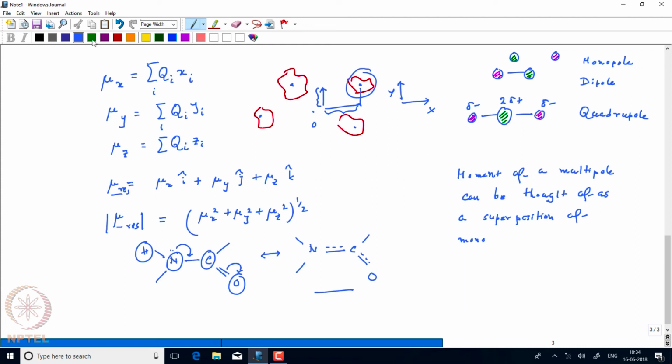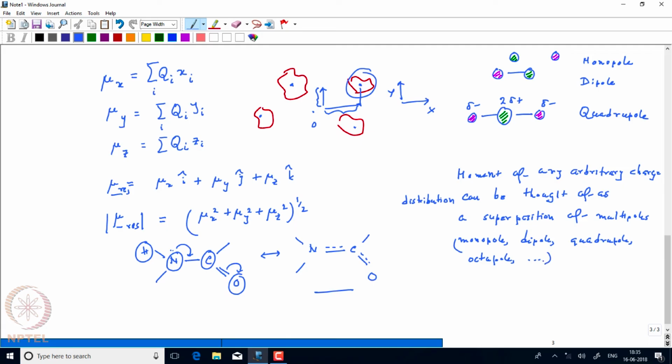So what I am saying is, the moment of any arbitrary charge distribution can be thought of as a superposition of many multipoles, and the multipoles are monopole, then dipole, then quadrupole, then octupole, and so on.